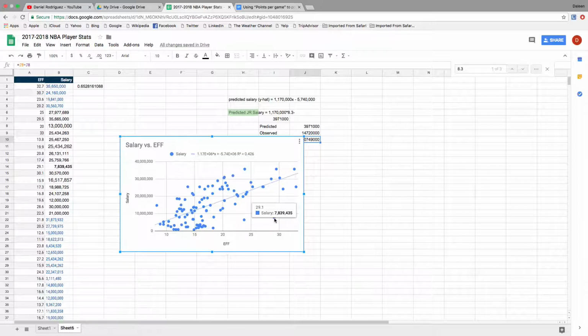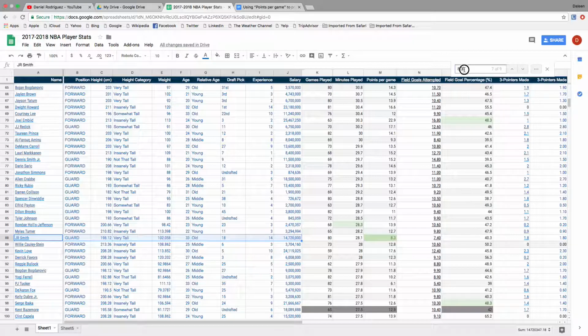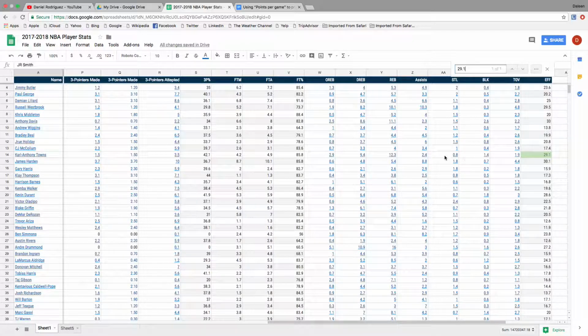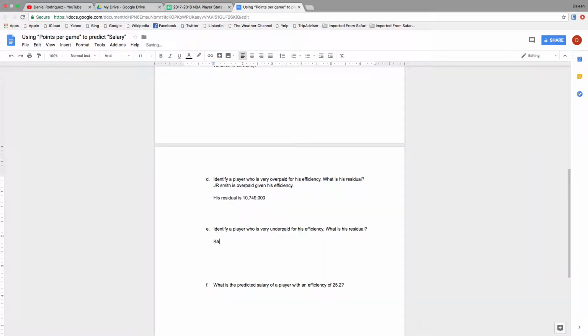So whoever has an efficiency of 29.1 and a salary of $7,839,000. So I'm going to search for that, an efficiency of 29.1, and there's only one of those. Nice. That is Karl-Anthony Towns. So Karl-Anthony Towns is underpaid.